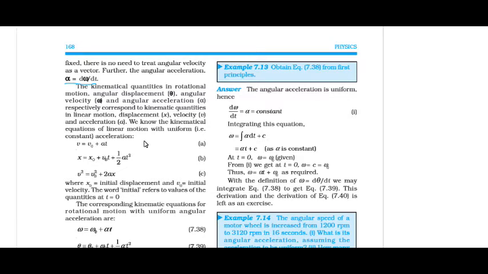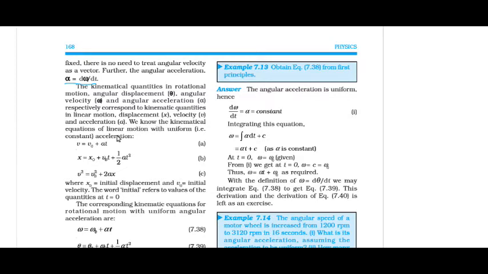The kinematical quantities in rotational motion, angular displacement theta, angular velocity omega, and angular acceleration alpha, respectively, correspond to the kinematic quantities in linear motion: displacement x, velocity v, and acceleration a. So angular displacement theta corresponds to linear displacement x, angular velocity omega to linear velocity v, and angular acceleration alpha to linear acceleration a.